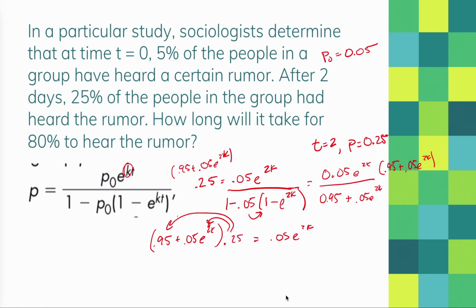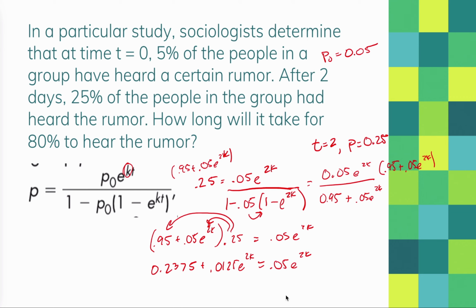It's not going to be pretty. Sorry about that. But 0.95 times 0.25 is 0.2375, and 0.05 times 0.25 is 0.0125 e to the 2k, and that is equal to 0.05 e to the 2k.